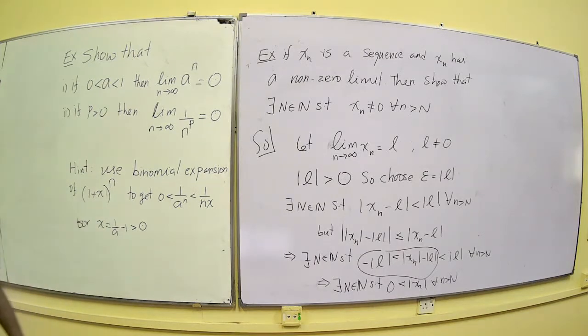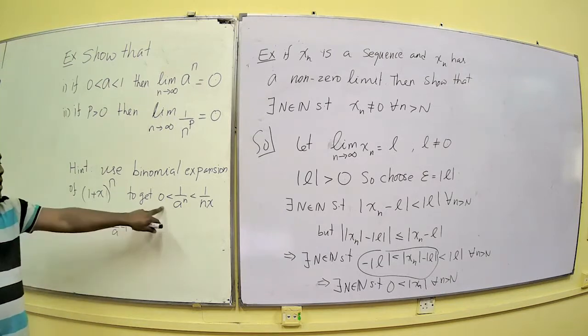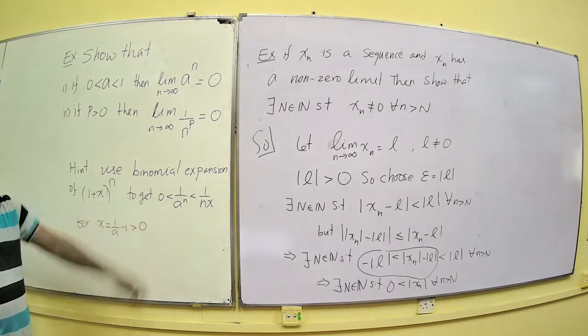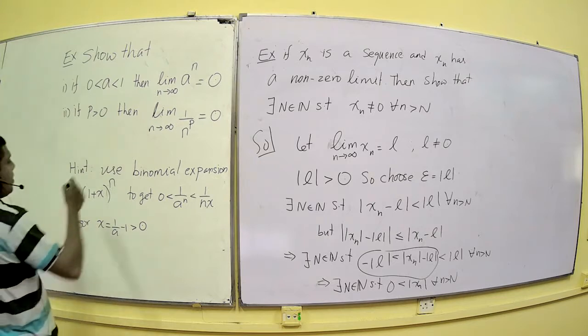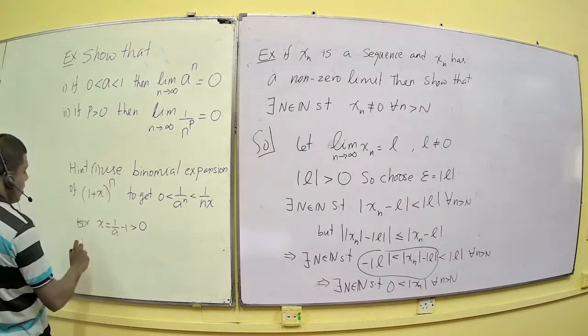So what you do is you write the expansion of 1 plus x to the power n. Then by using this relationship, you should be able to get a relationship like this. And then according to the sandwich theorem, you can say that 1 upon a to the power n will be going to 0 as n goes to infinity. That is for the first part.